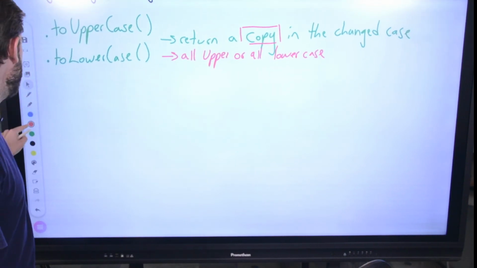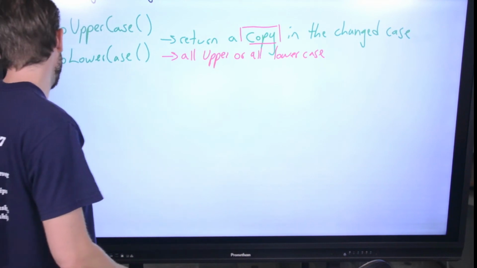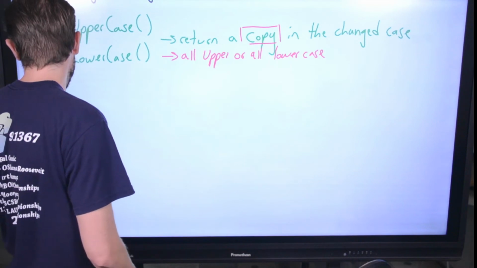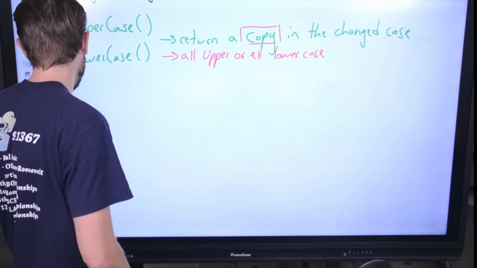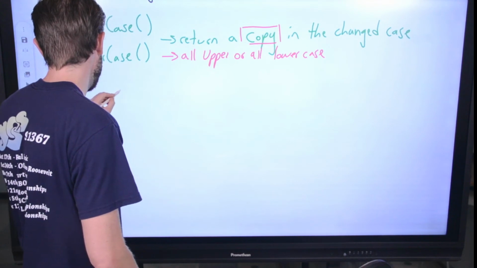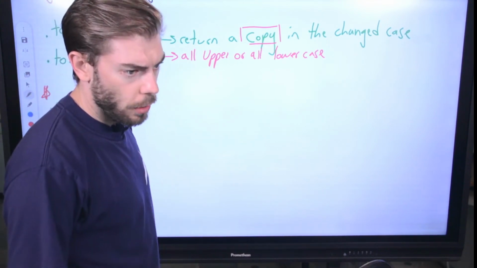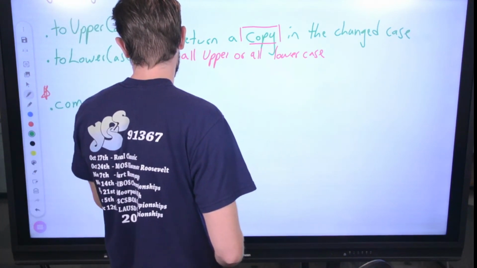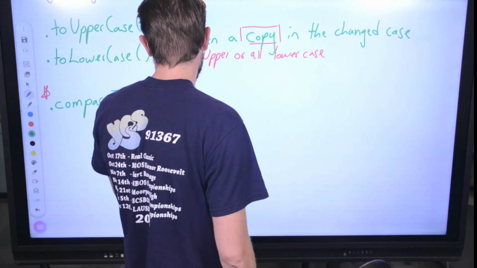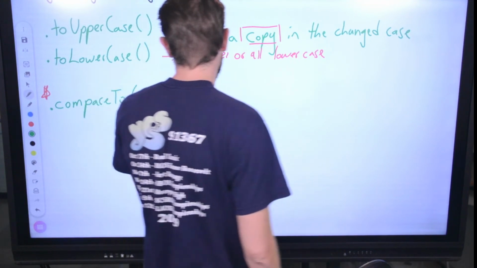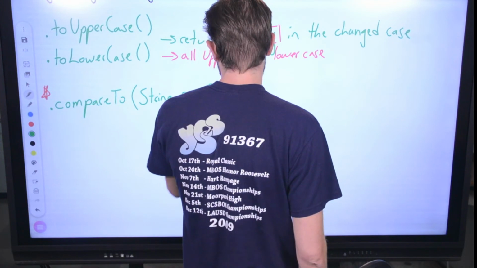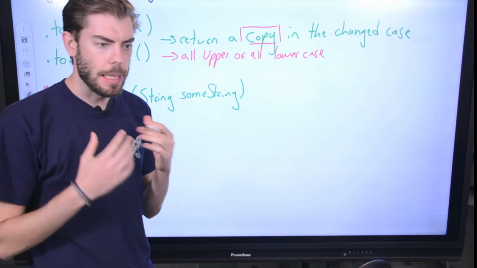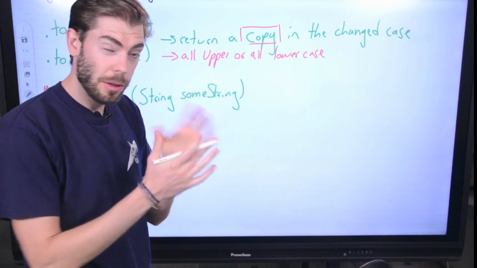Last one that's a little tricky, but is an important one to know because this is definitely going to be on the AP exam. In fact, I'm going to put a little star on it. This is the compareTo. So the compareTo takes in a string type, some string, and it works a lot like our dot equals in that it's going to compare 2 strings.